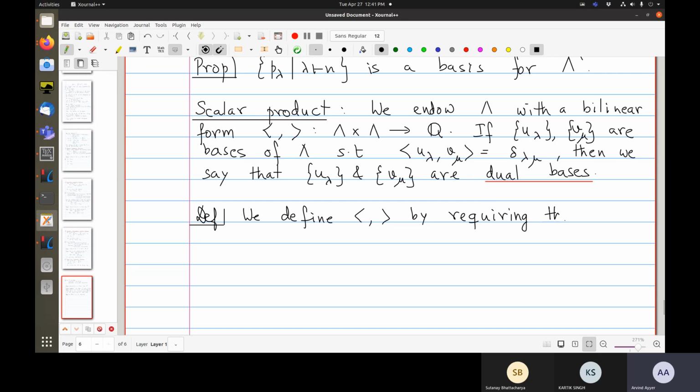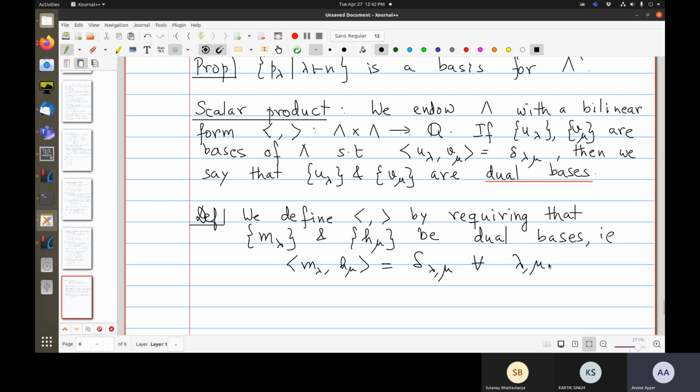So by requiring that m lambda, so this is, as I warned you, completely unmotivated, and h mu are dual bases. By requiring these two be dual bases, i.e. the form of m lambda and h mu is equal to delta lambda mu for all partitions.